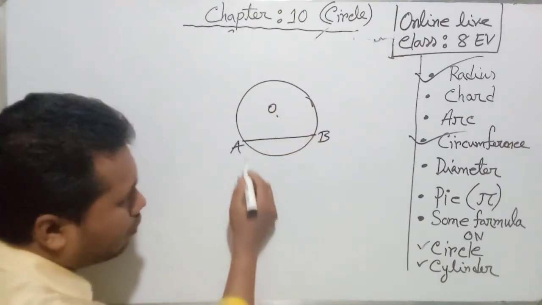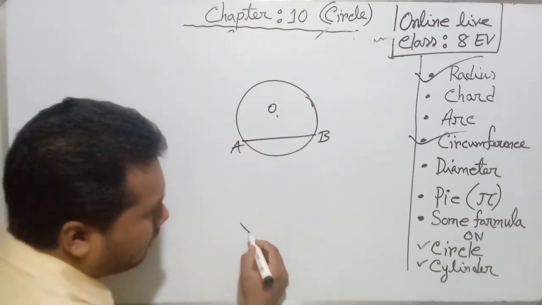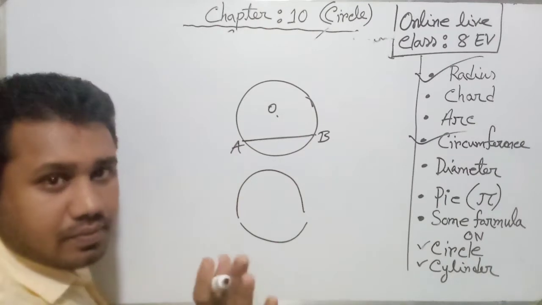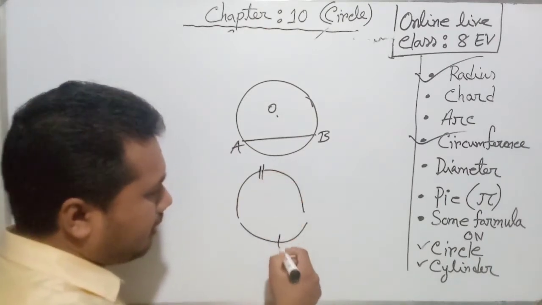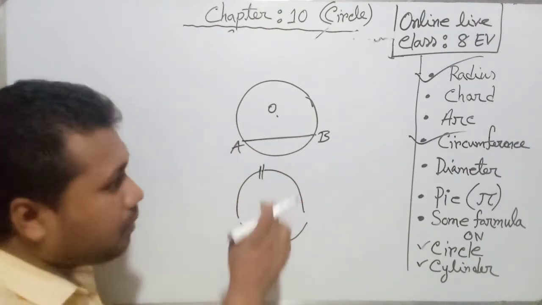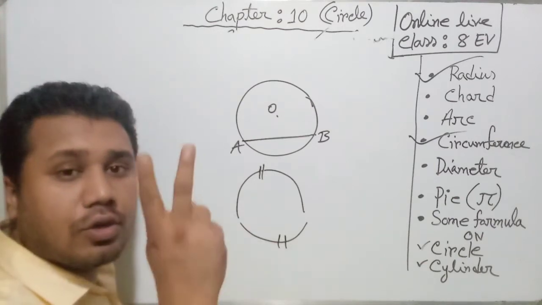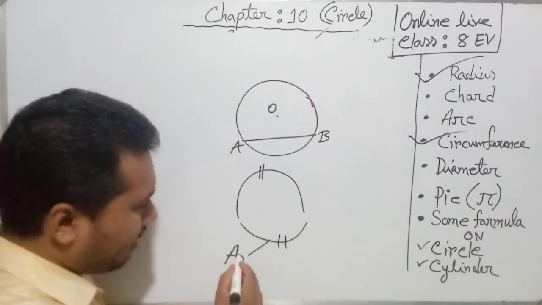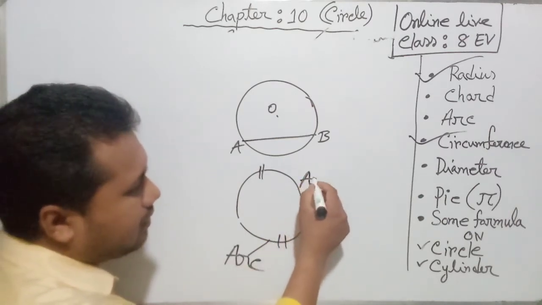For AB, the circle is divided into 2 parts, this part and another part. So every chord makes 2 parts, and each part is called an arc. This is an arc, this is an arc.